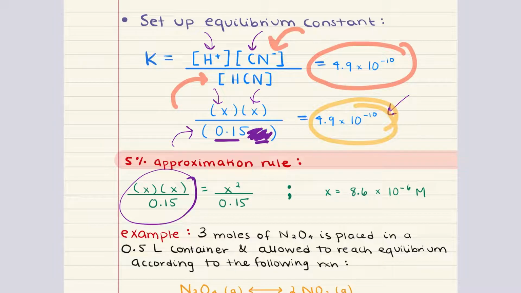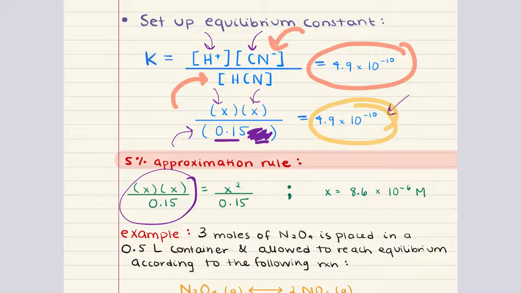Now again, know this conceptually. It's going to be important to know when to make this assumption and when not to make this assumption. While in the calculation portion, you can always make this assumption, you might be asked a conceptual question about when it is appropriate to use this 5% approximation rule.